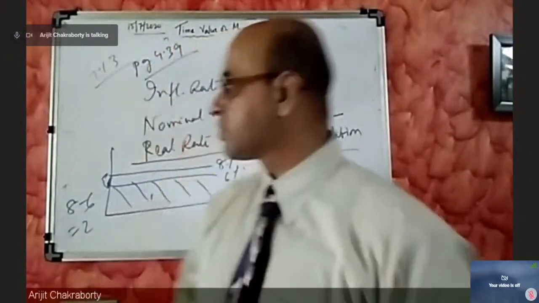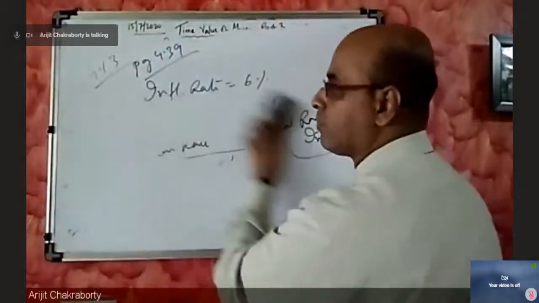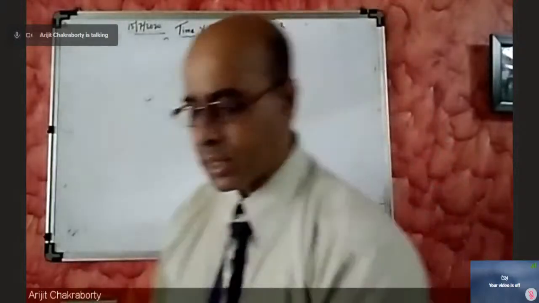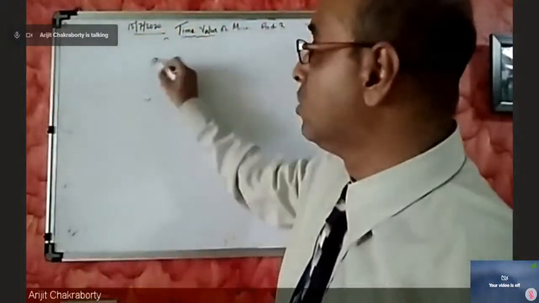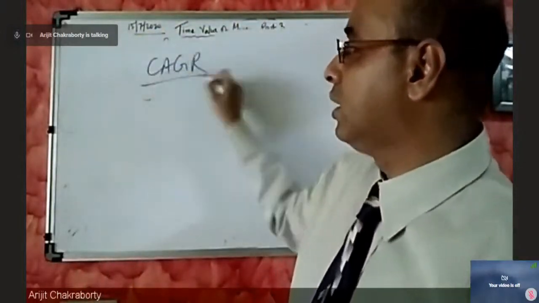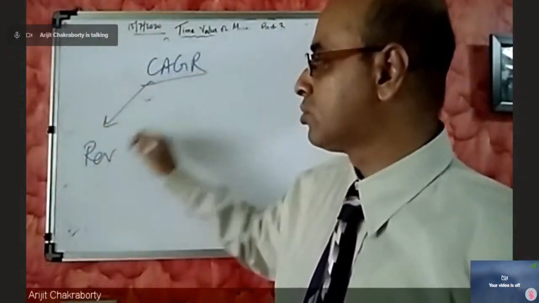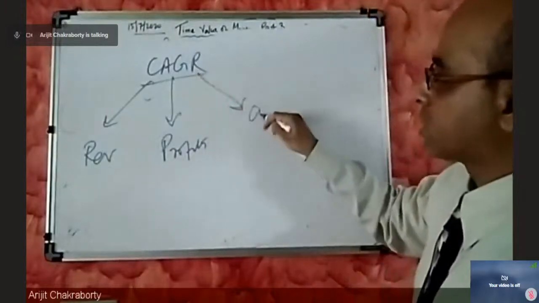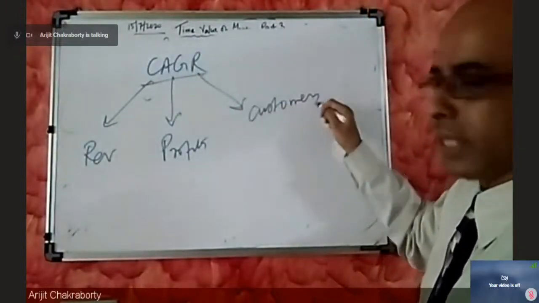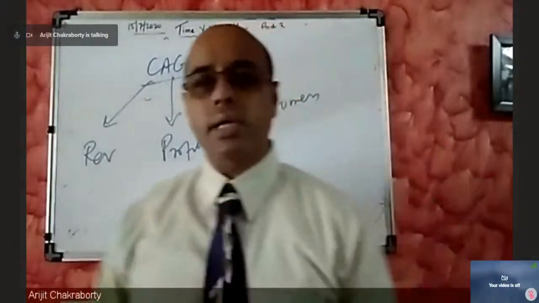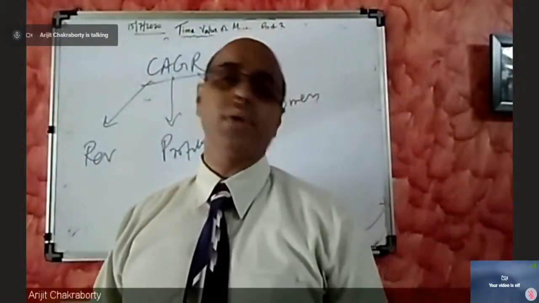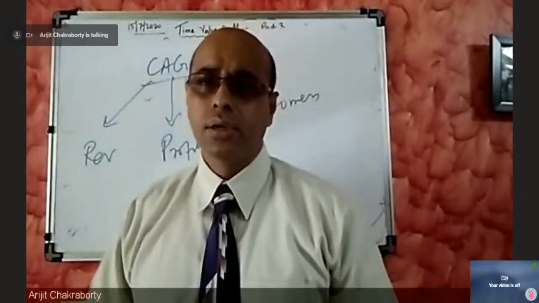Okay, so when we talk of CAGR, we talk about 2-3 things, and that is its growth. It can be the revenue. We may talk about the profits. We may talk about the customers, how many registered customers are coming in. And we can also talk about other growth parameters of a company.